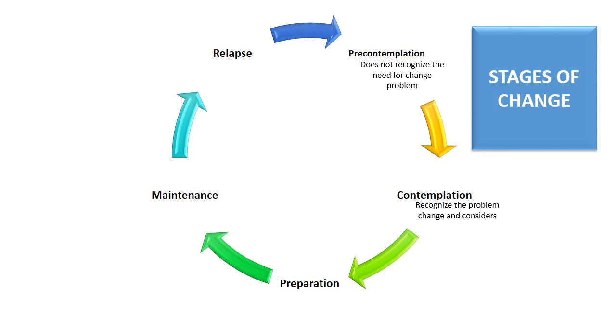And what is needed here is environmental control, that is restructuring the environment, removing those substances or triggers in the environment that may make the individual start the previous behaviors.